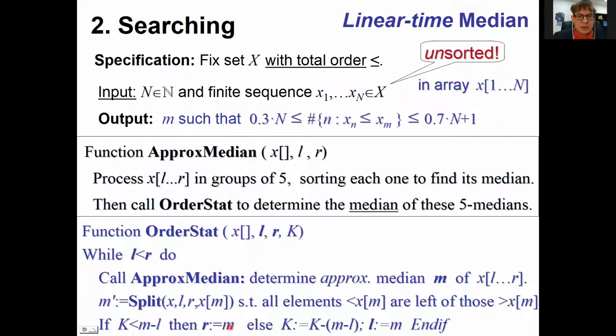And if the kth order statistic is in the right part, then we can increase L, the left bound of the interval, and focus on the right part of the interval. In the latter case, we also need to decrease k, because we've already discarded many smaller elements, and thus k needs to be decreased by this very value.